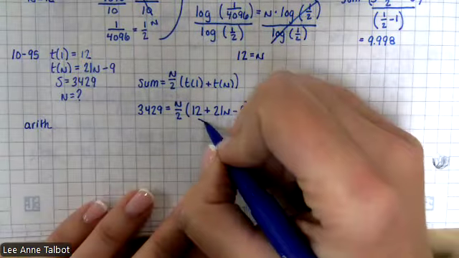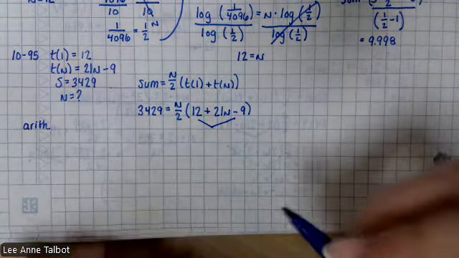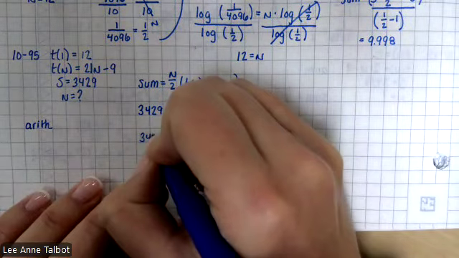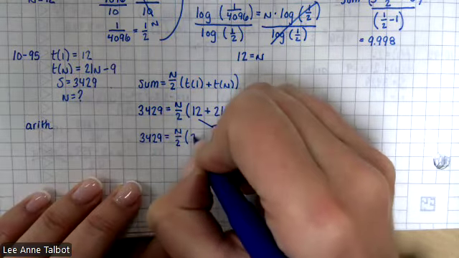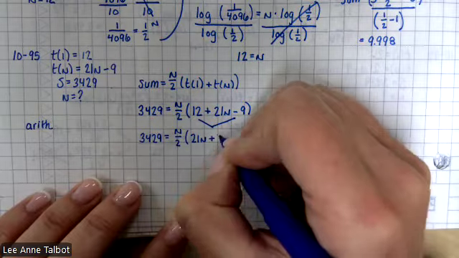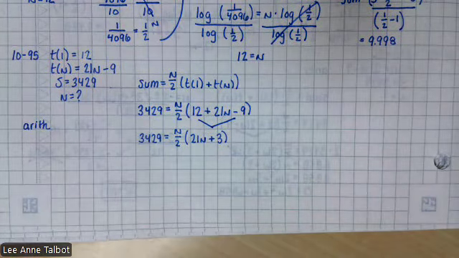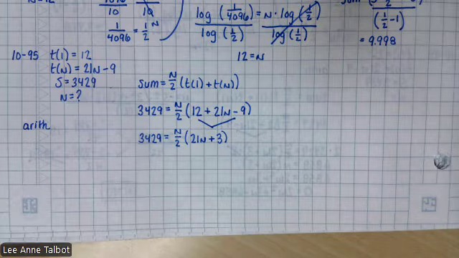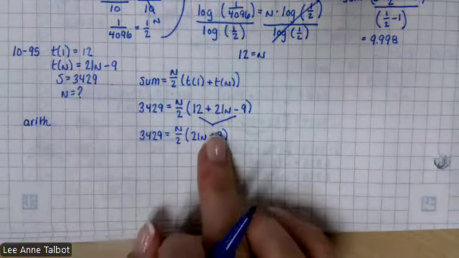All right, I'm going to make these little arrows here so I can tell what I did. Okay, does that make sense? I just combined the 12 and -9 to 3.